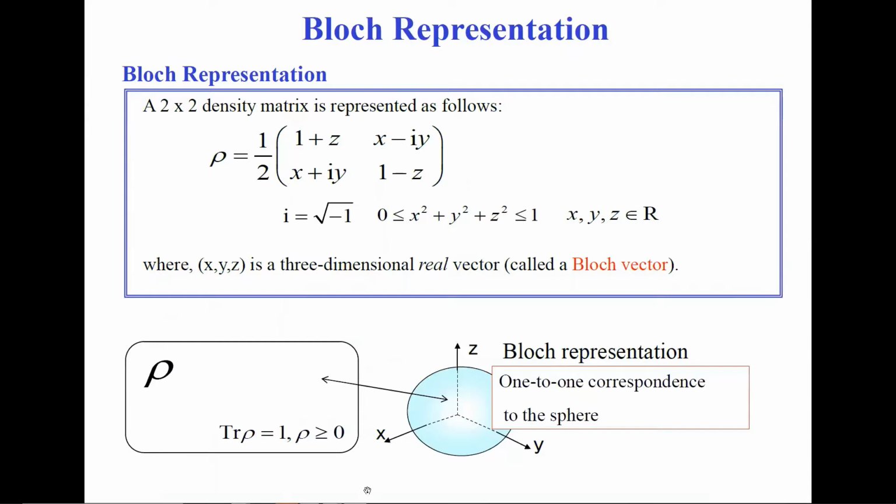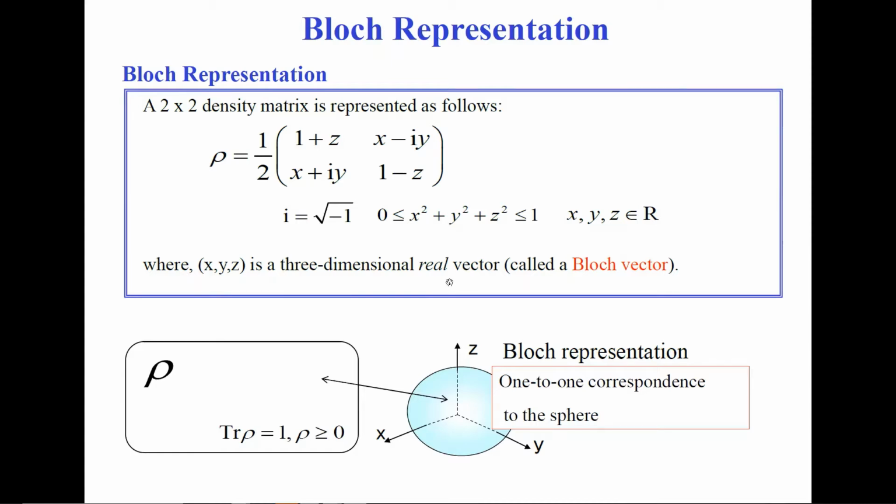Okay, now we will show the so-called Bloch representation, which is actually a 3 real parameterization of 2 times 2 complex matrices. Let x, y, and z be a 3-dimensional real vector.